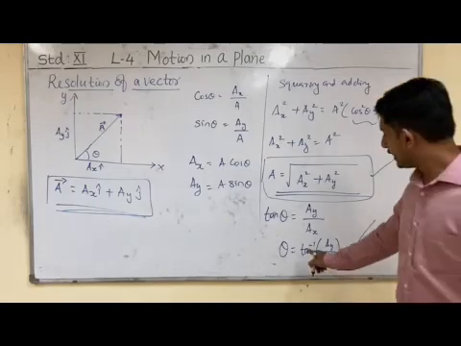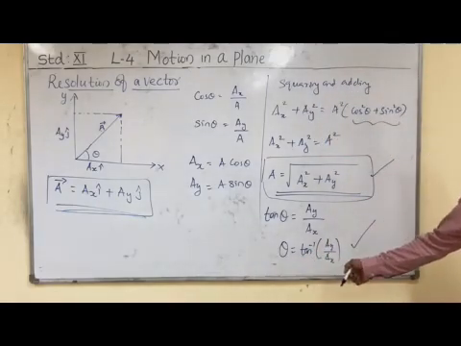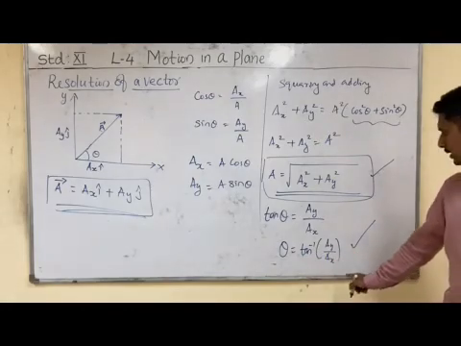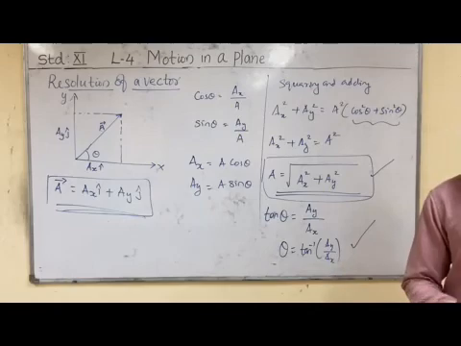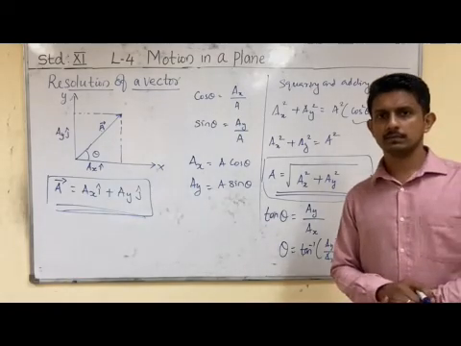The direction of a vector is given as theta is equal to tan inverse of the y component divided by the x component, that means theta is equal to tan inverse of AY by AX. Clear all this?